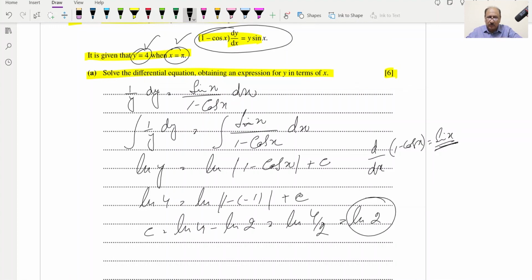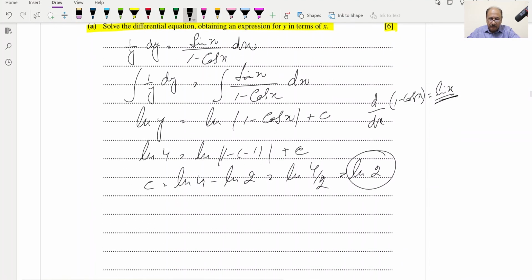So this is value of c, which we can replace in this equation. So our equation will be log of y is equal to log of mod 1 minus cos x plus log of 2.